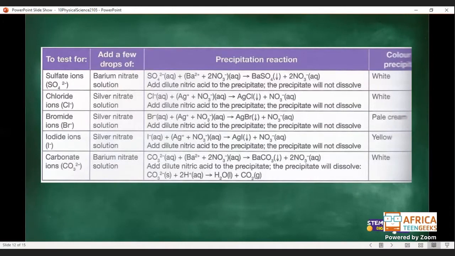Don't panic. It's not as bad as it seems. Okay, so we start on the left. It's okay, Gordley. Okay, we start on the left. If we want to test for sulfate ions, okay, we add barium nitrate. I'm going to simplify this whole thing for you, okay? I promise, but you need the whole big table.